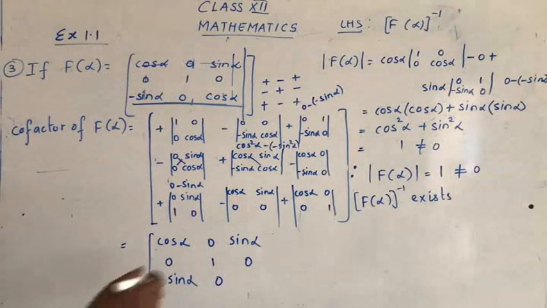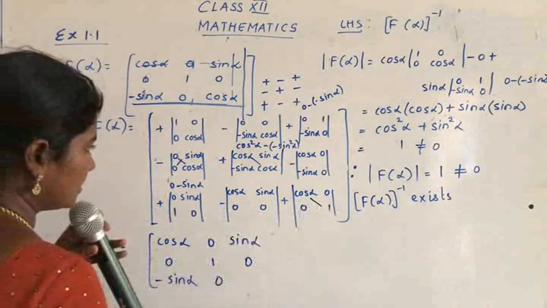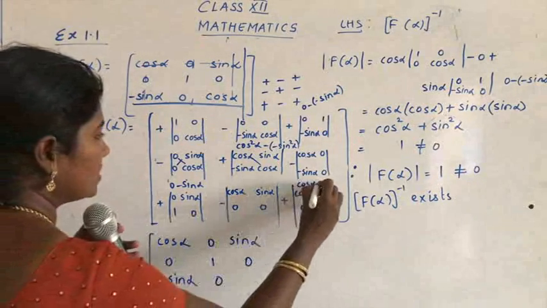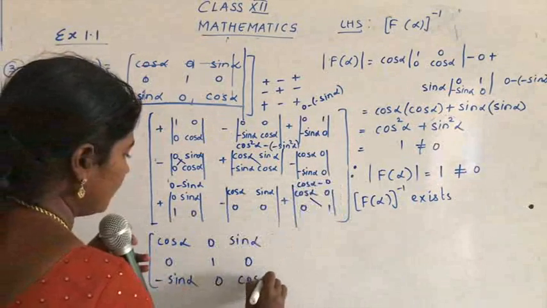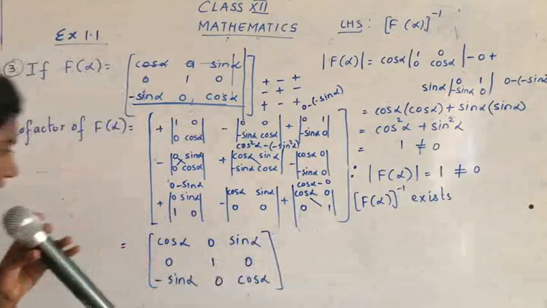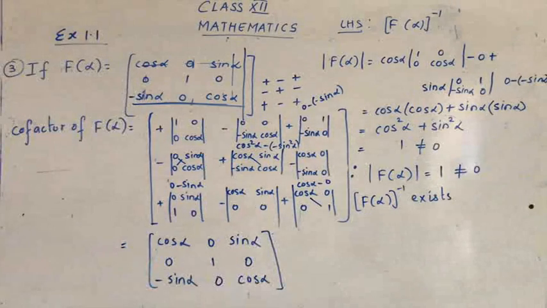Next, cos alpha into 1 is cos alpha minus 0, cos alpha. So we have found the cofactor of f alpha. So what is the cofactor? It's cos alpha, 0, sin alpha; 0, 1, 0; minus sin alpha, 0, cos alpha.